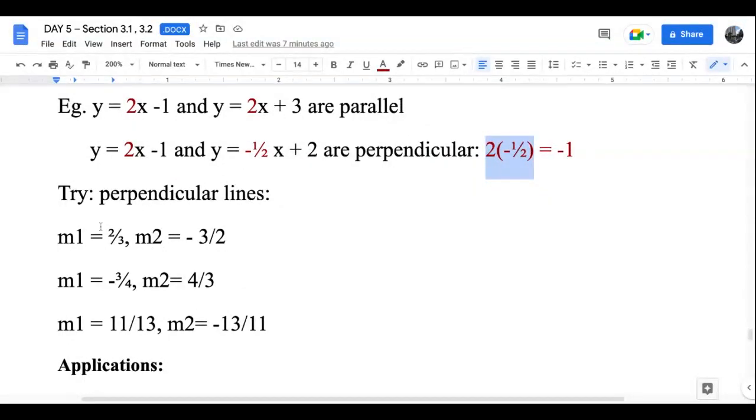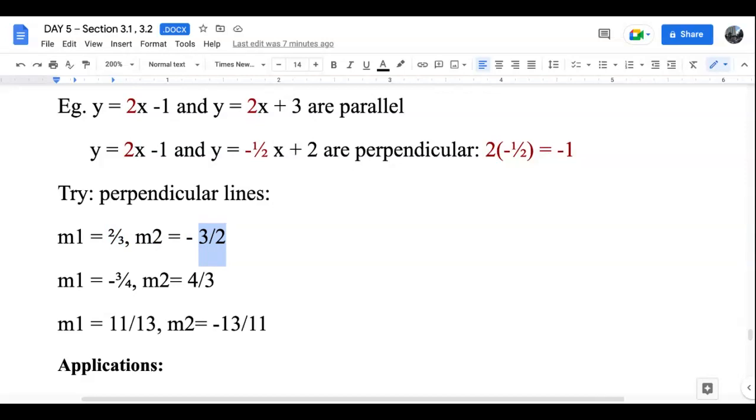Let's see some perpendicular lines. If one has a slope of 2/3, the other has the opposite sign, so it has to be negative. The other one is negative 3/2.